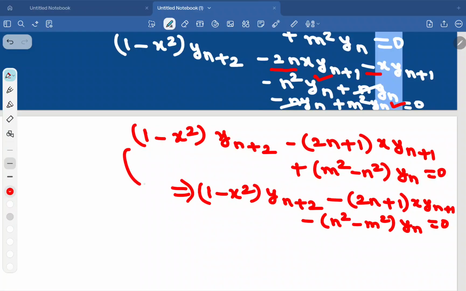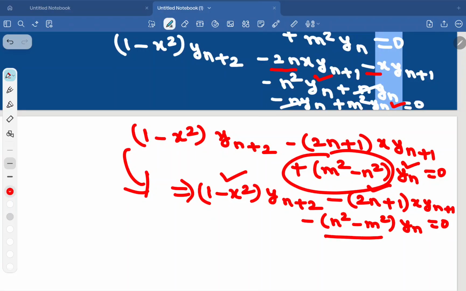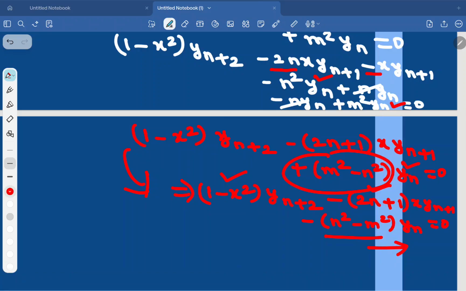I am simplifying from this. First term okay, second term okay. For plus m square minus n square yn, I have written as minus of n square minus m square yn. This is the final answer for problem number 23 from the topic differential calculus from part C.